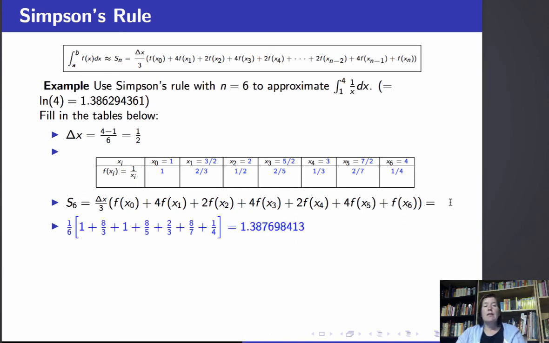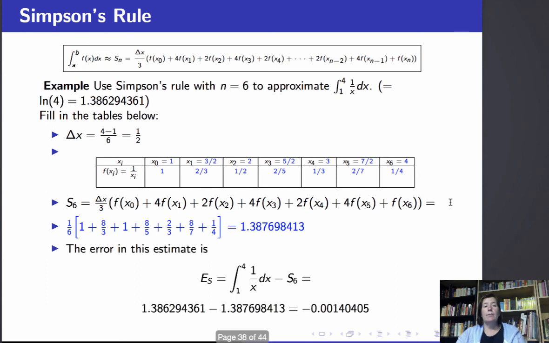And filling in the details, we get 1.387698413. Now the absolute value of the error in this estimate is 0.001400405. So that's certainly the best estimate that we've had so far, and most likely the reason for this is that drawing parabolas actually catches a little of the curvature on the curve.